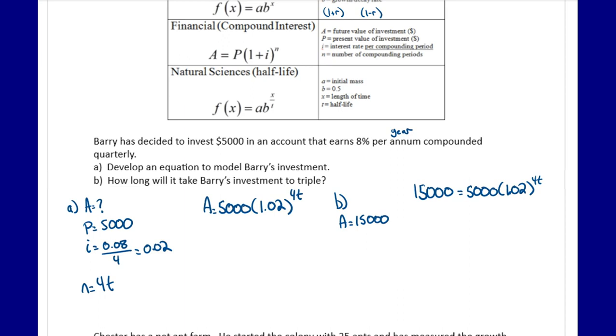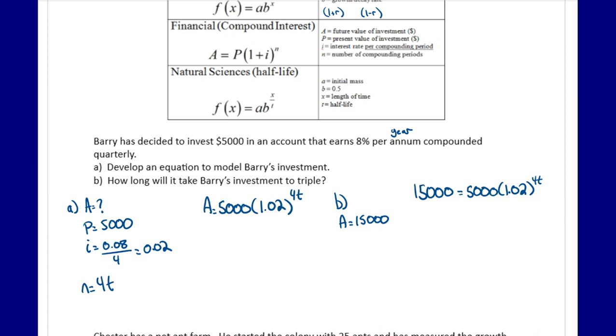Thinking back to our solving equations unit, we would only be able to solve this if the growth factor or decay factor was something nice, because we would have to use common bases. But now we don't need to worry about that so much.